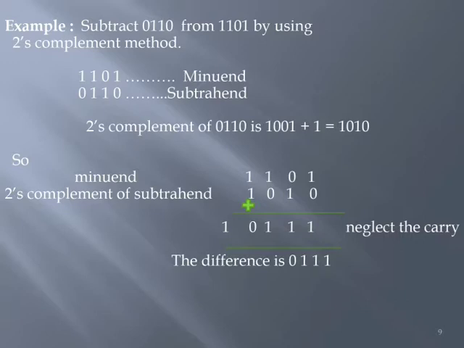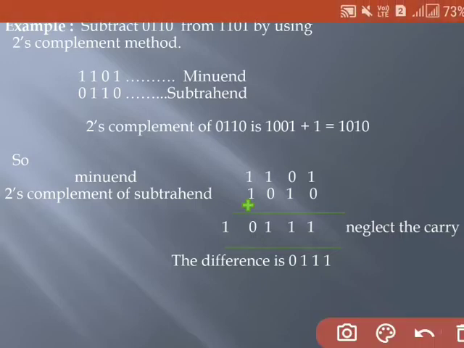So this is case 1 of subtracting two binary numbers by using the 2's complement method. Here you can also verify whether you have got the correct result or not with the help of decimal numbers. The decimal equivalent of 1101 is 8 plus 4 plus 1, which is nothing but 13.